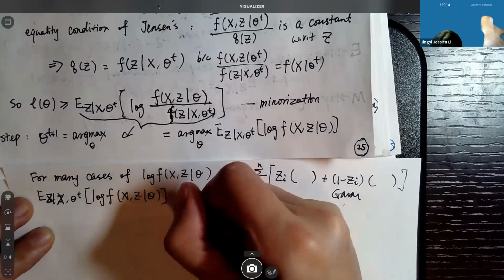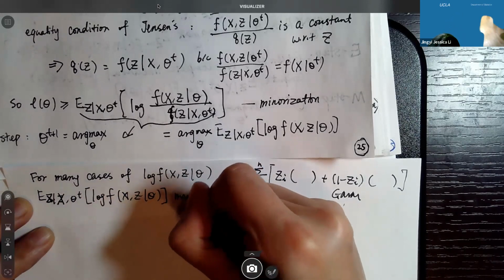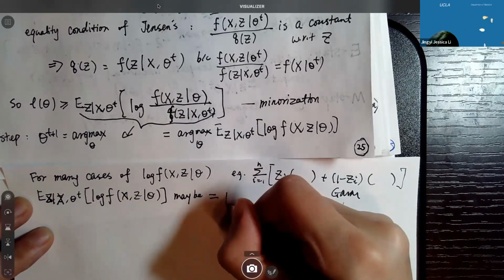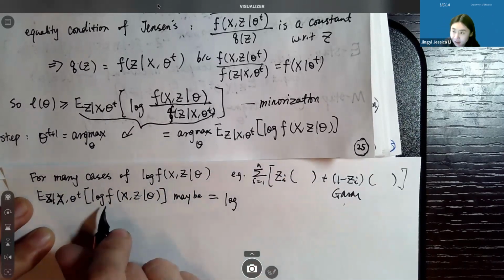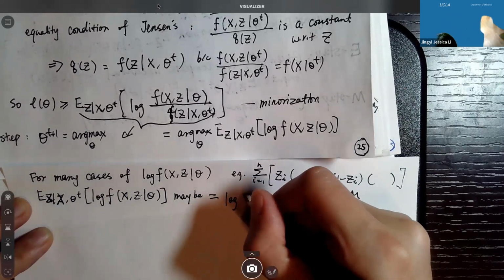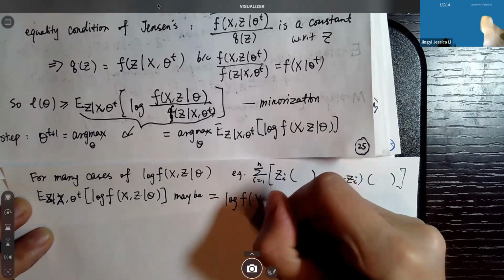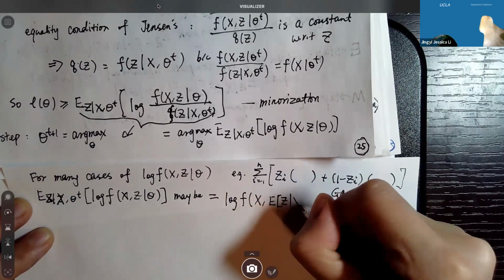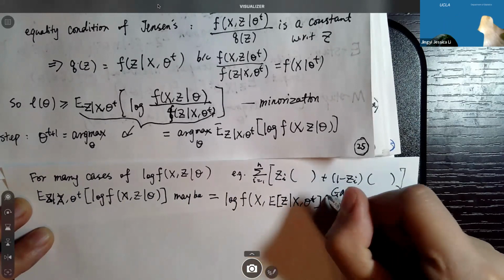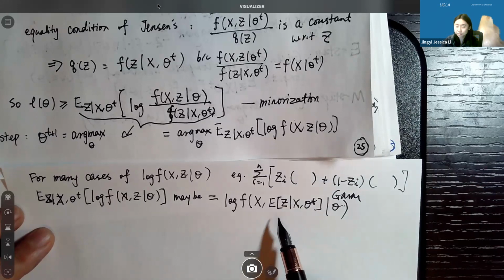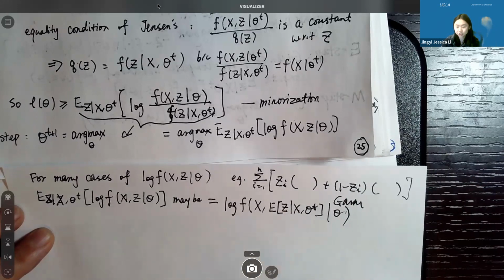It may be equal to a simpler form. That is, you can get the expectation inside the log likelihood just around z. Okay, so this is the log complete likelihood with z replaced by this conditional expectation.